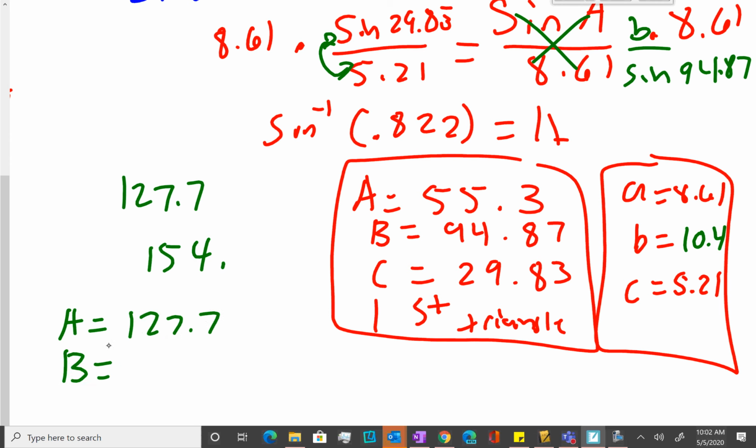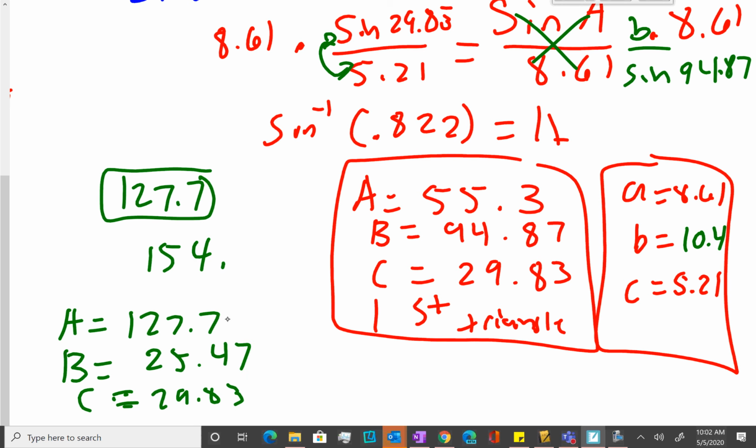My angle B is going to be the difference: I took angle A and added angle C, which I was given, and I subtracted it from 180, right? And I get 25.47. So there's my second triangle.